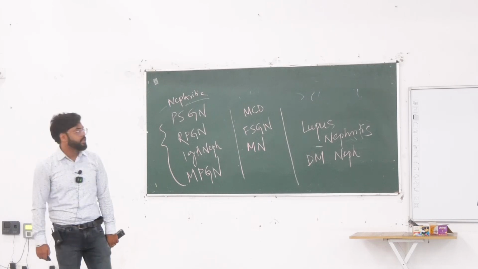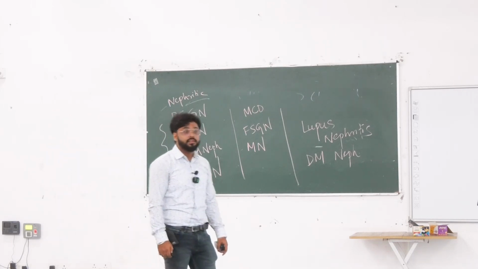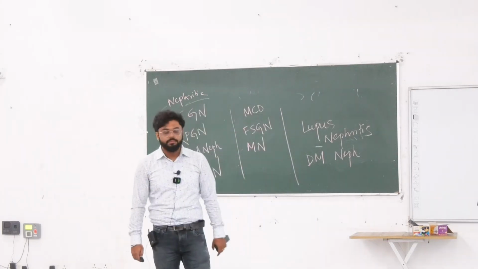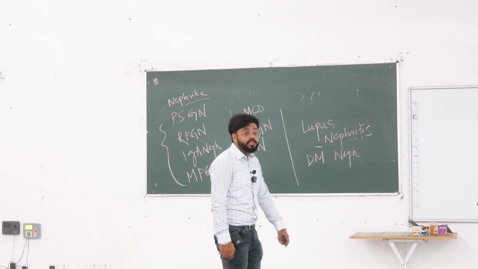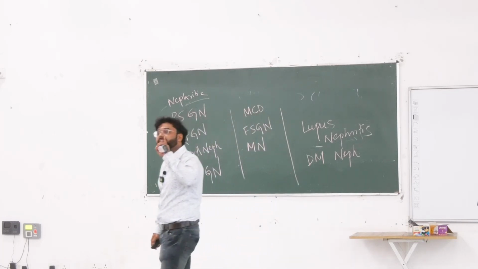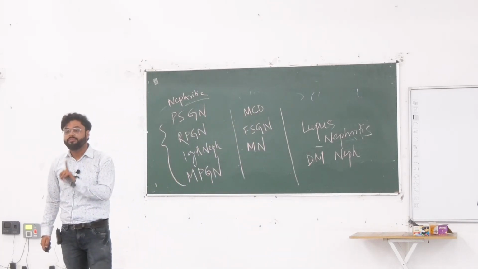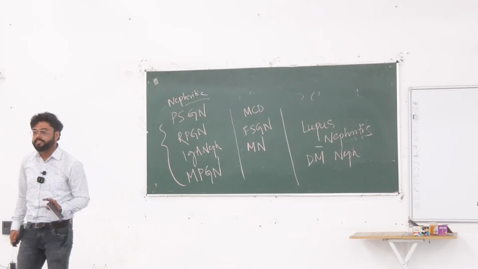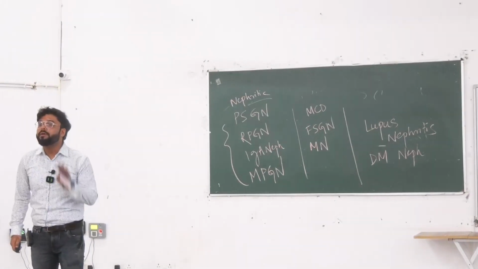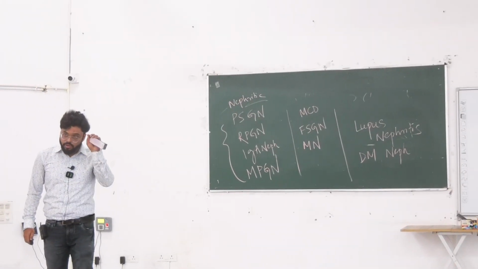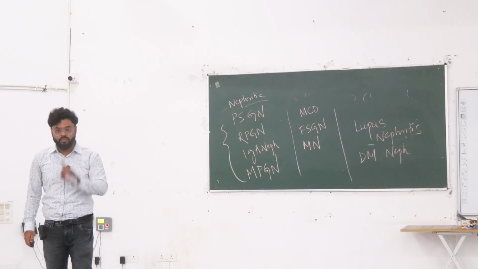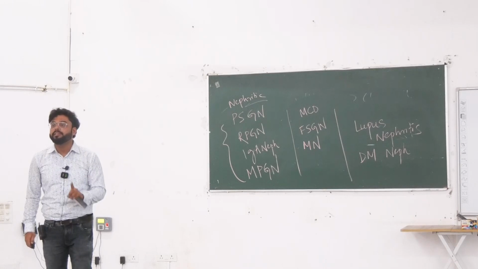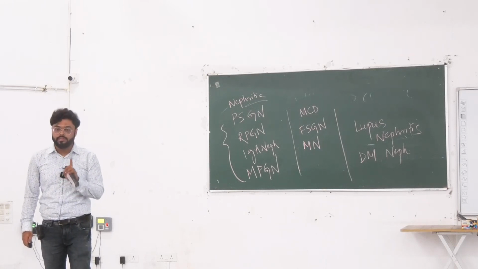Understood? Besides this, what are the secondary causes? Among systemic causes, diabetes mellitus usually presents with nephrotic syndrome, and amyloidosis. In lupus nephritis, there are 6 stages, and except for stages 1, 2, 3, 4, only stage 5 of lupus nephritis presents with nephrotic syndrome.